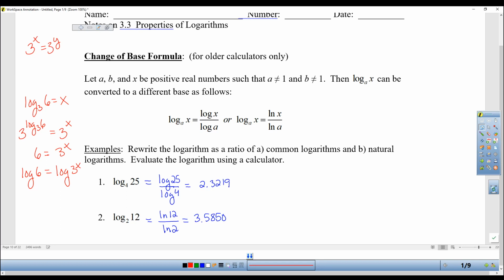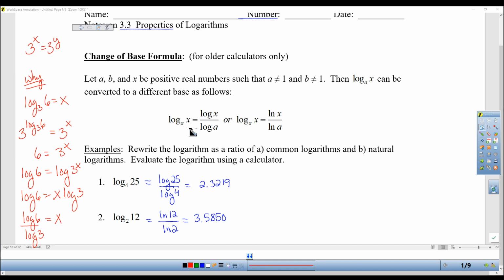And then there's a little rule we're actually going to learn today that says you can move the x out into the front. I'll teach you why that works today. And therefore, x is, dividing both sides, log of 6 over log of 3. So that's a little why behind why it works. All you need to know is really that it does.